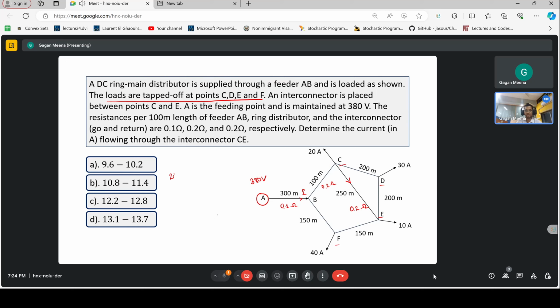Let's say this current is X. This is I minus 20 minus X, this is I minus 20 minus 50, and this is I minus 90.